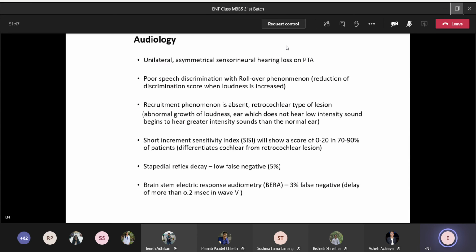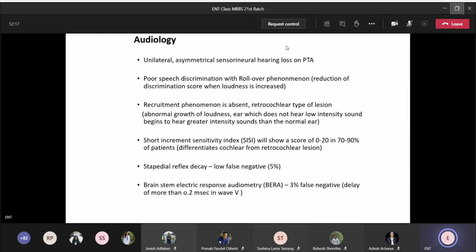Though this word might look like jargon, it is nothing but a reduction in discrimination score when the loudness is increased. When the loudness is increased, the discrimination should also have increased, but it doesn't happen. Here, the reduction of discrimination score occurs when sound of a certain intensity is given. The loudness is increased, but the discrimination score is going down.